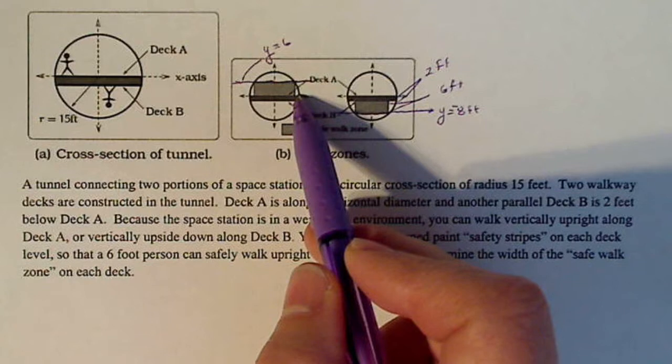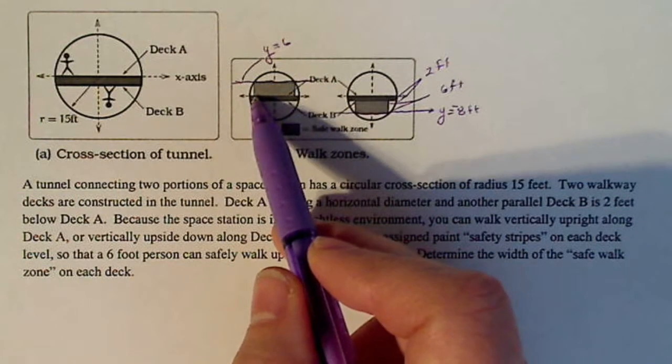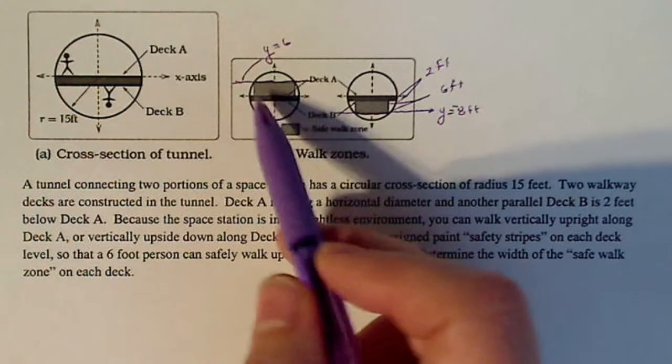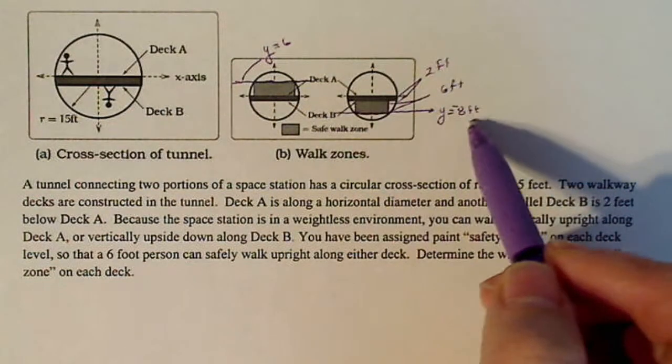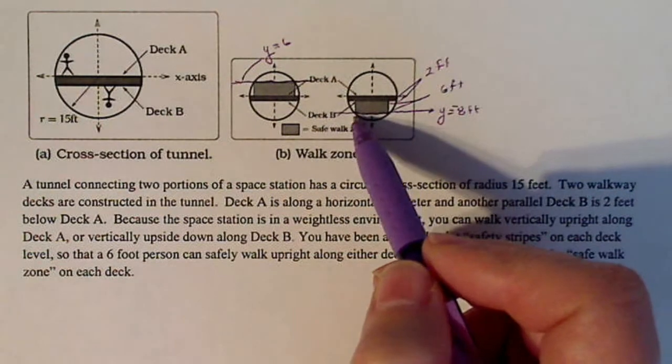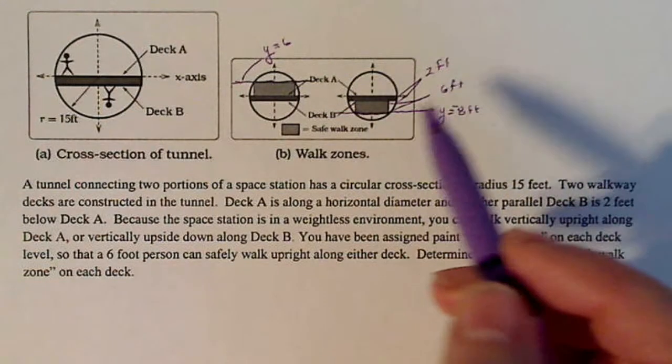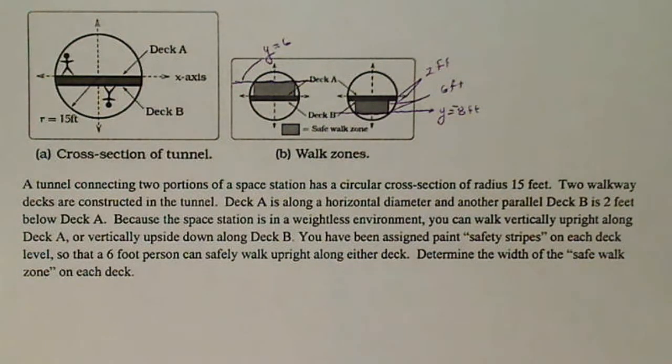Since the circle is symmetric, it'll be the same distance on both sides. Then you do the same thing again for y equals minus 8 feet. The big deal is trying to find the equation of that circle, because if you can't find that, you're going to have a hard time finding the intersection.